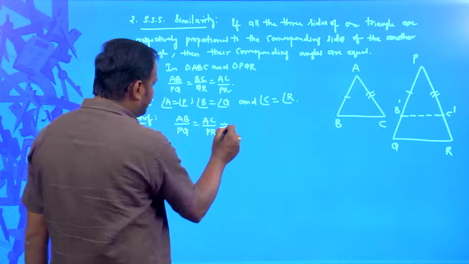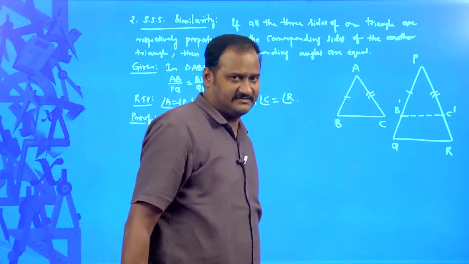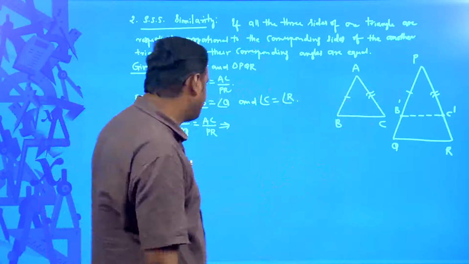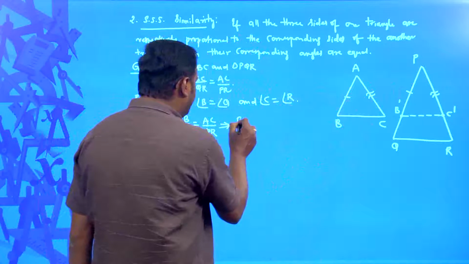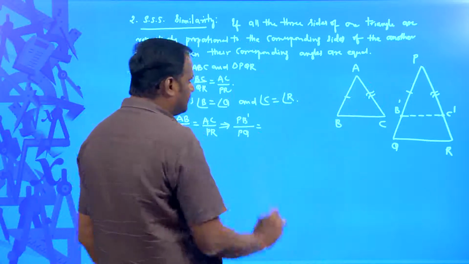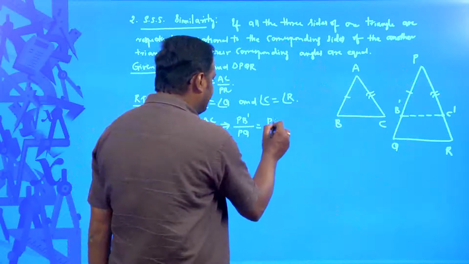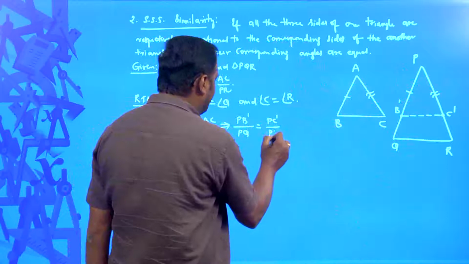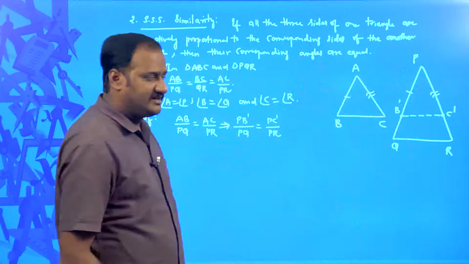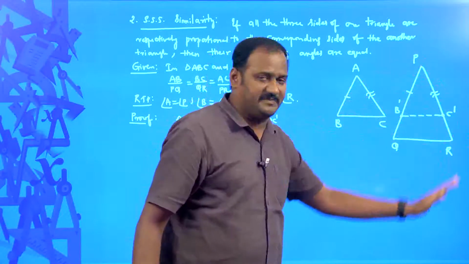And then if I observe, AB is exactly same as PB dash according to our construction. So I am going to write PB dash by PQ is equal to AC. Instead of AC, can I write PC dash? Yes, PC dash divided by PR. So what did you observe here? PB dash by PQ is equal to PC dash by PR.